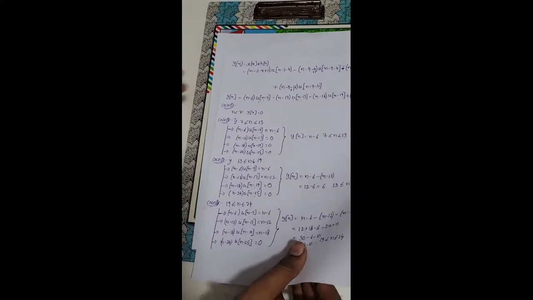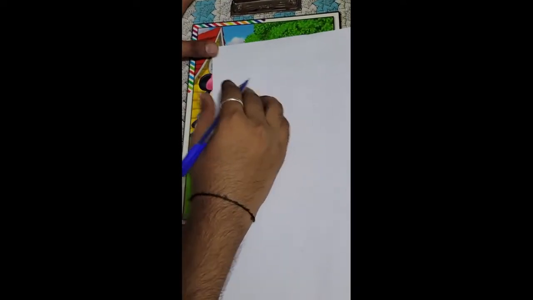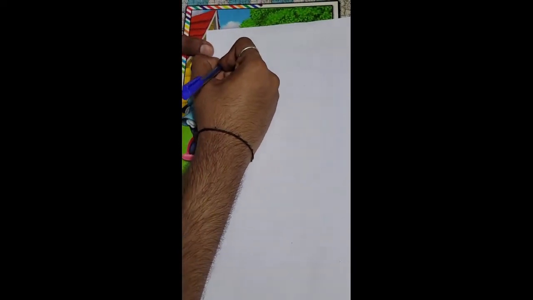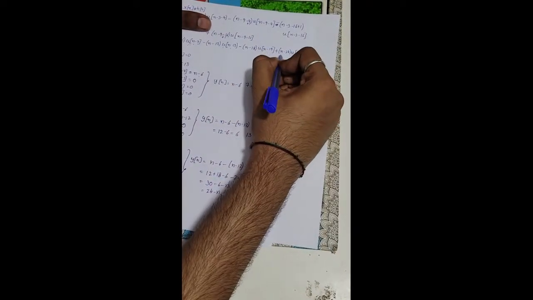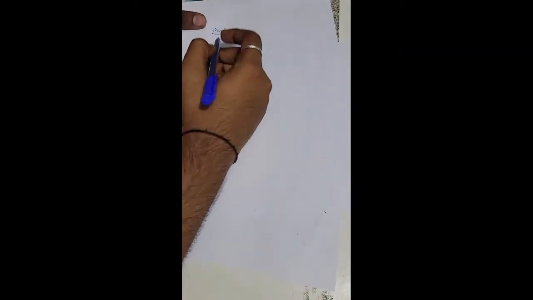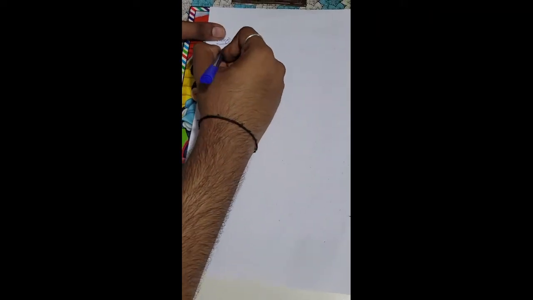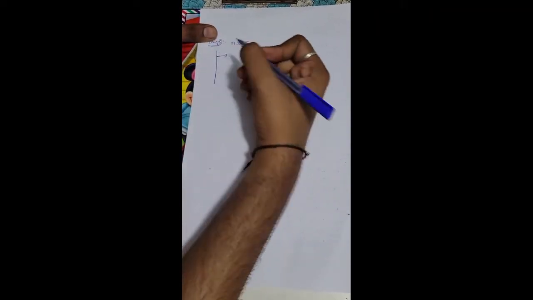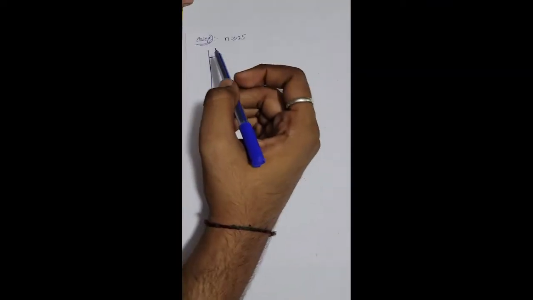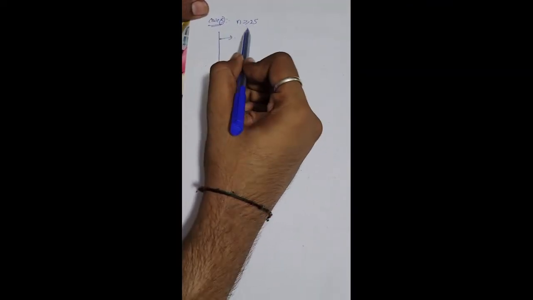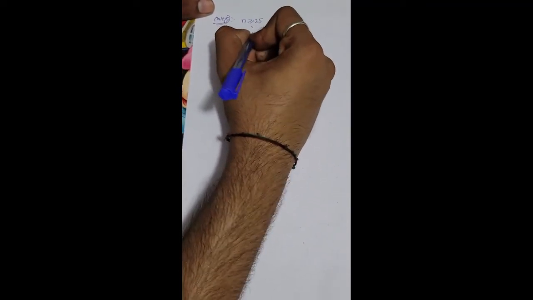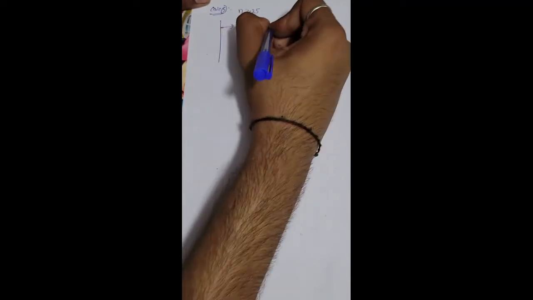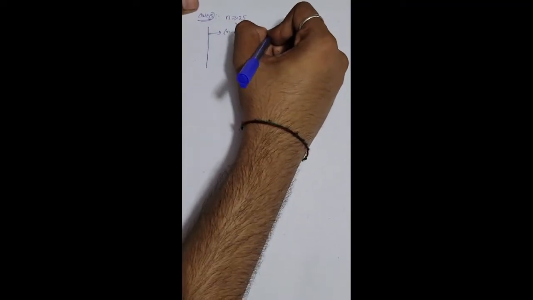Now we will see the last case. Case 5: when n value is greater than or equal to 25, this will also be possible. So we will write it. If n is greater than or equal to 25, here n minus 6 into u of n minus 7 will be valid, so this value is n minus 6.